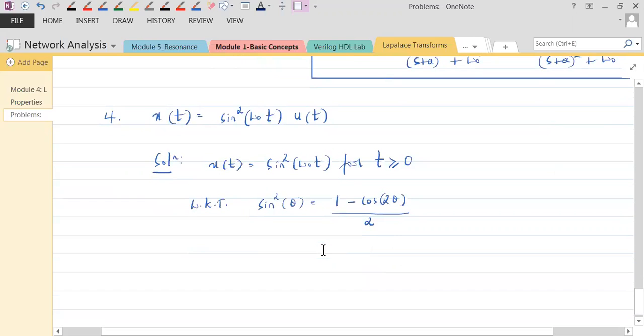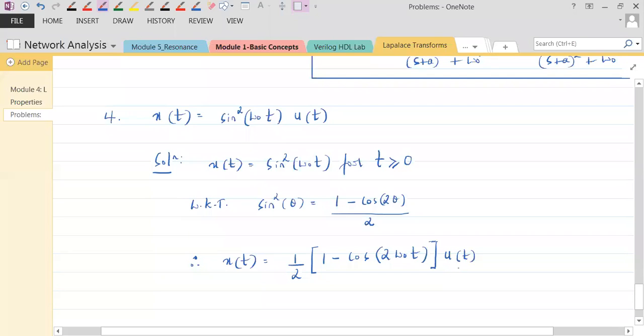Therefore, x of t can be written as half, which you can keep out, times 1 minus cos 2 omega naught t. There is a u of t.